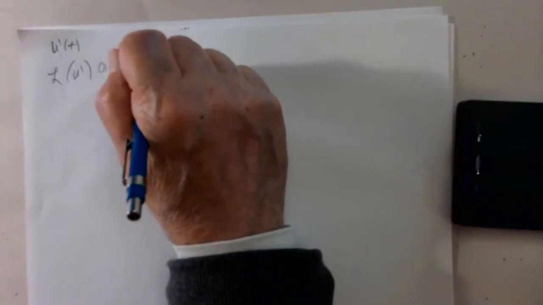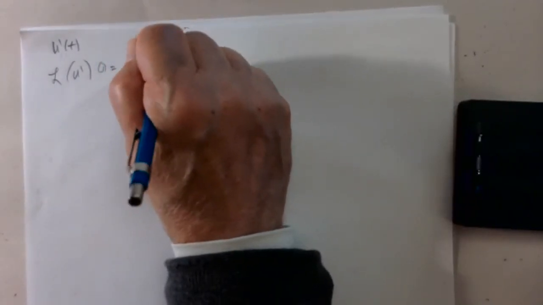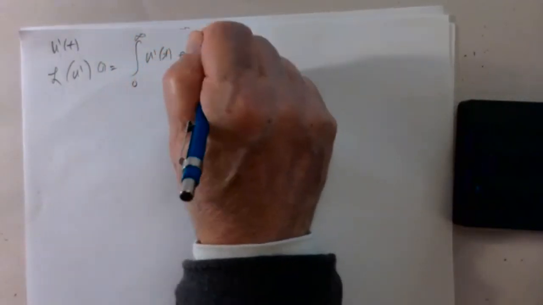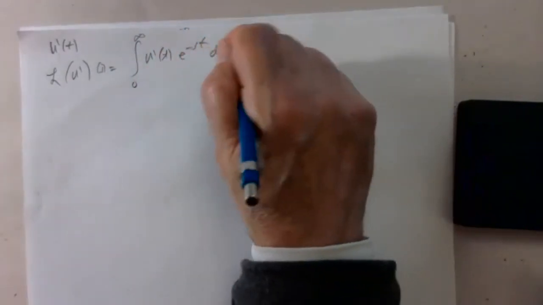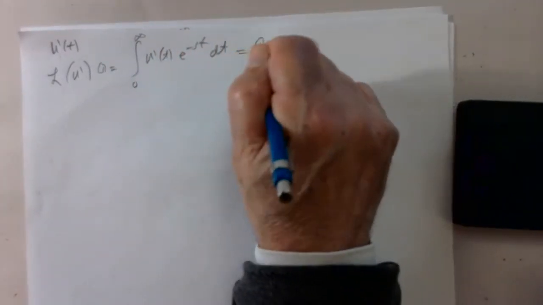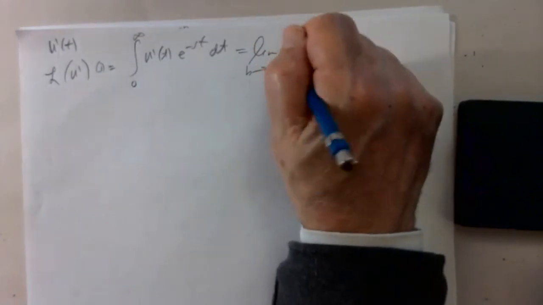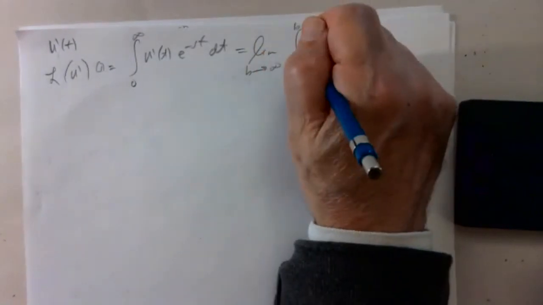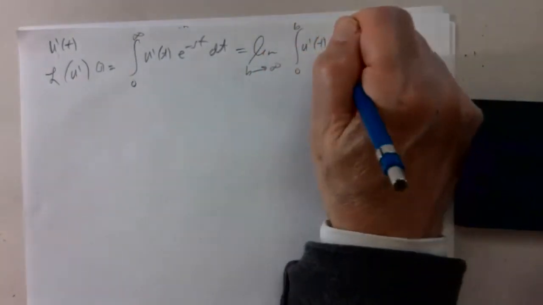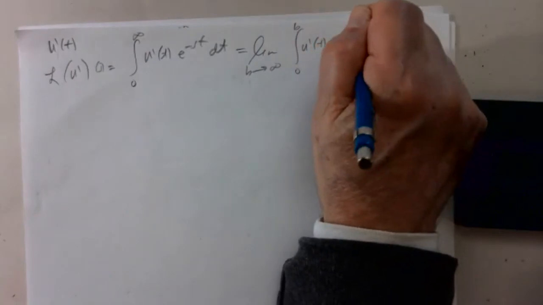So this is the integral from 0 to infinity of u prime of t e to the minus st dt, which is the limit as b goes to infinity of the integral from 0 to b of u prime of t e to the minus st dt.